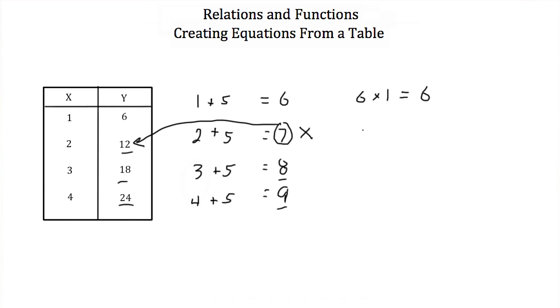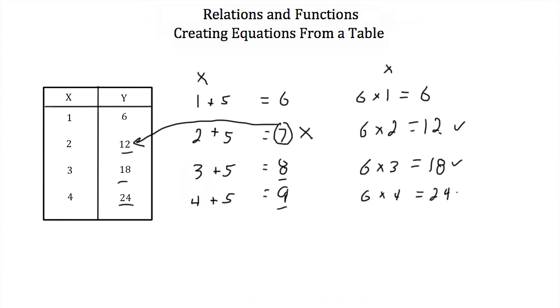Let's do 6 times 2, 6 times 3, and 6 times 4. Remember, these are our x values. Well, 6 times 2 does indeed equal 12, which is what we were looking for. 6 times 3 is equal to 18, so it looks like we're on the right track. And 6 times 4 is equal to 24.